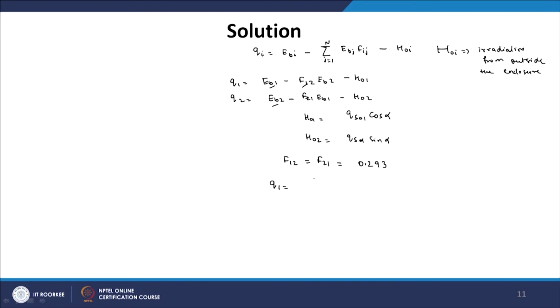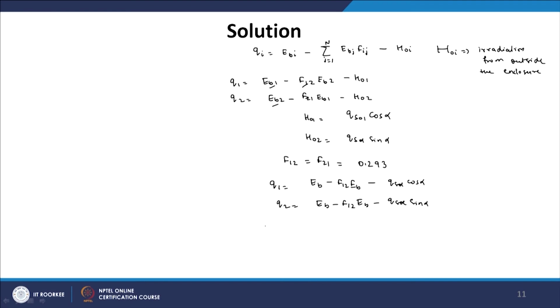Q1 is equal to, let us just write it as Eb minus F12 Eb minus Q solar cos alpha, and Q2 is equal to Eb1 minus F12, because F12 and F21 are the same, Eb minus Q solar sin alpha.